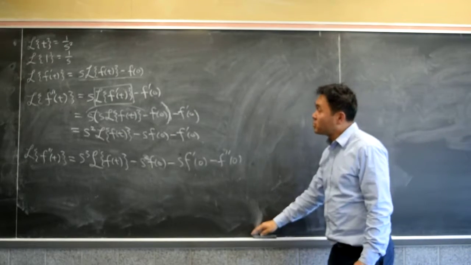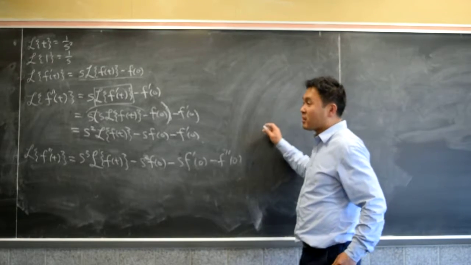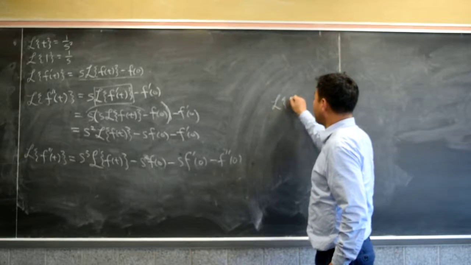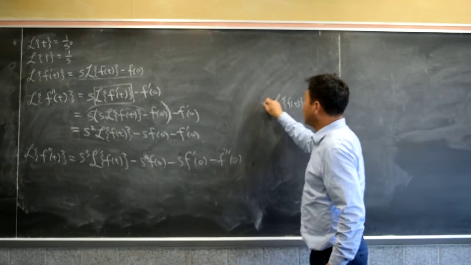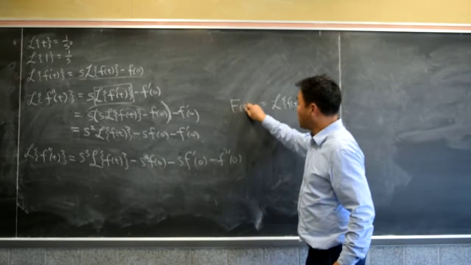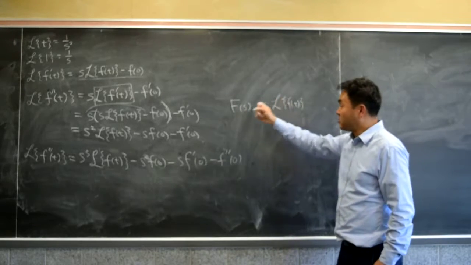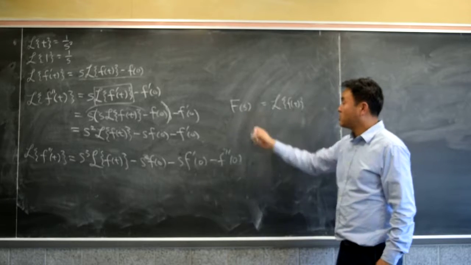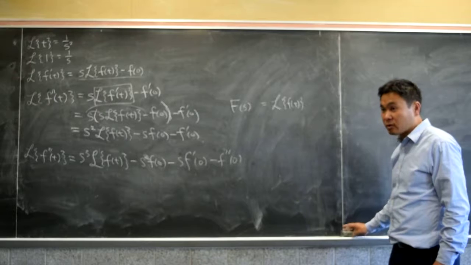And I need to still write it in a different form. Often when you write down the Laplace transform of an unknown function, you use the capital of the same letter and you use s, because if you take the Laplace transform of a function of t, it gives you back a function of s, right? So that's the symbol that people use.